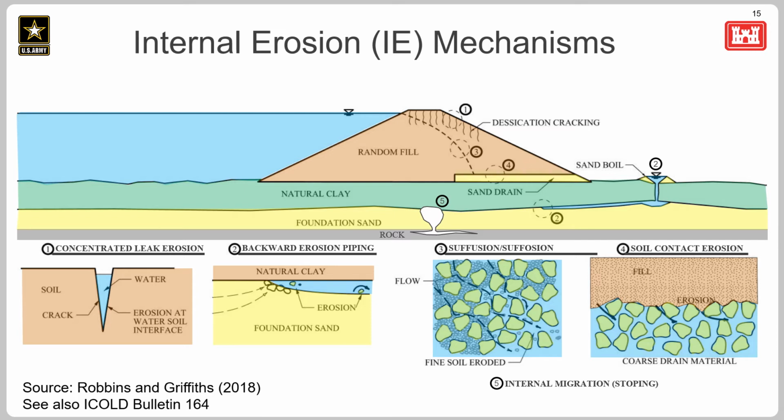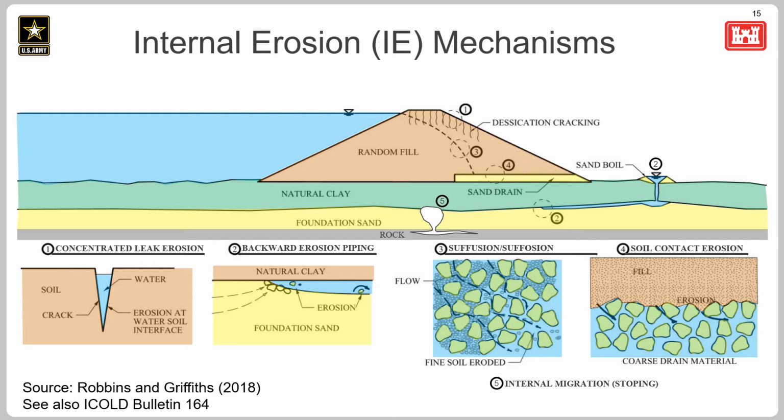ICOLD's Bulletin 164 on internal erosion presents CLE, BEP, internal instability, and SCE, but internal migration is terminology that's been added by the federal agencies. ICOLD Bulletin 164 describes stoping as global backward erosion and considers this a subset of BEP. The Corps of Engineers added soil in front of ICOLD's term contact erosion to come up with SCE in order to emphasize that this process occurs at the fine to coarse soil contact and not the soil to rock contact.